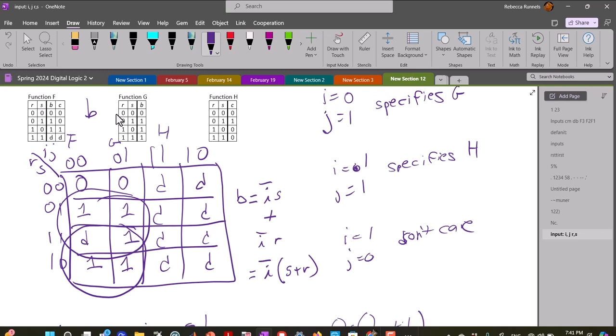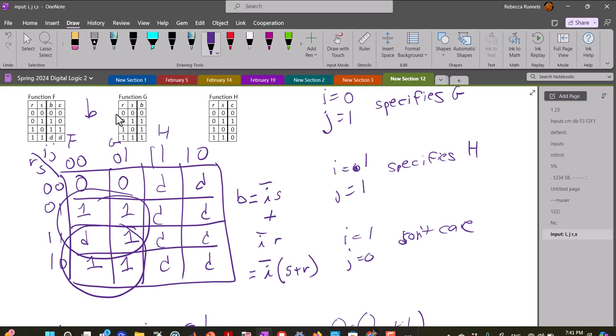And for H, I have don't cares, because there is no B. So this group has I equal to 0 and S equal to 1.